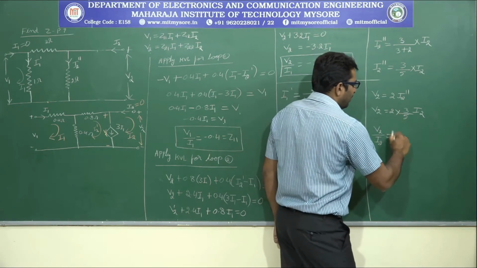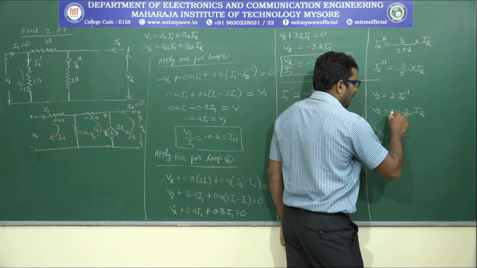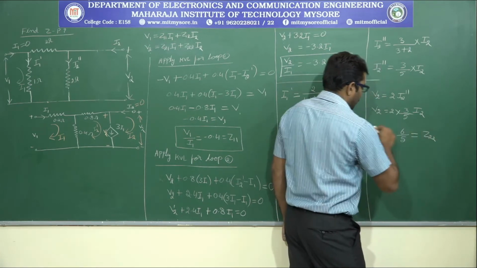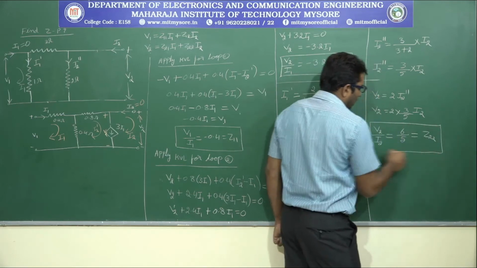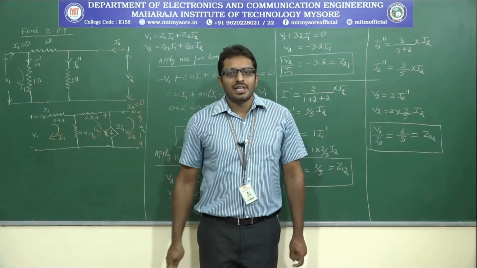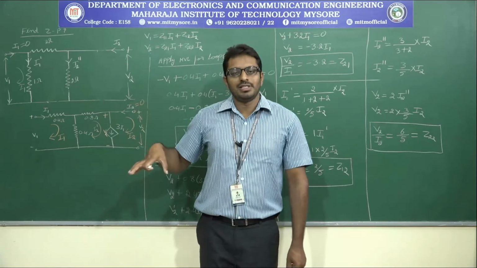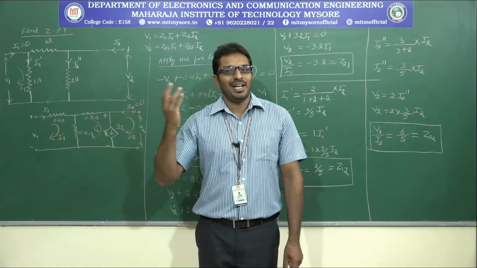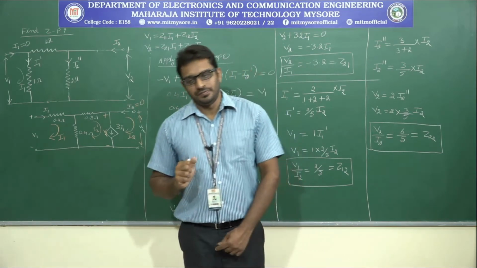V2 divided by I2 is equal to 3 into 2, 6 divided by 5, that is nothing but Z2. This is how we can find the Z parameters for the given circuit, but the given circuit consists of a dependent current source.